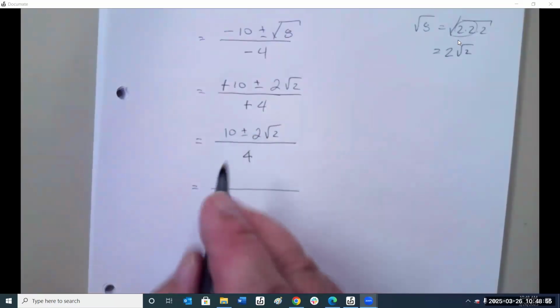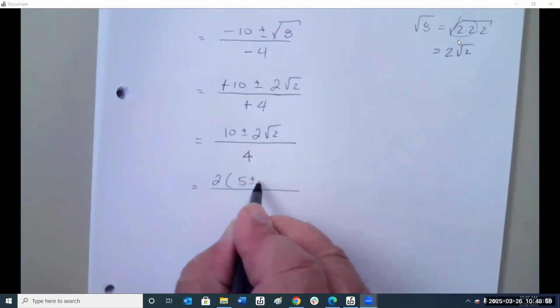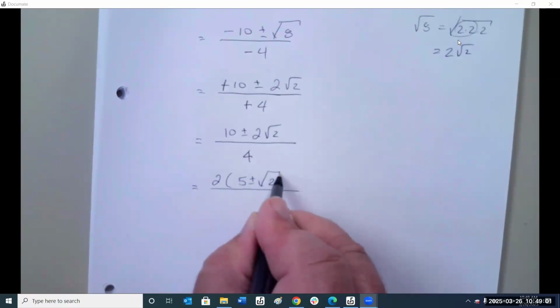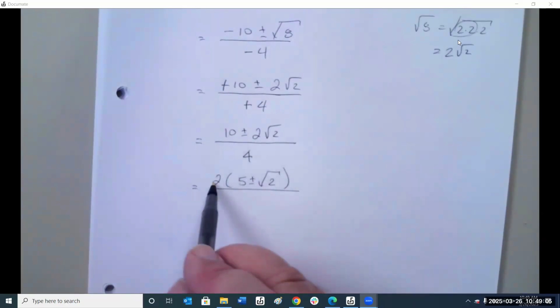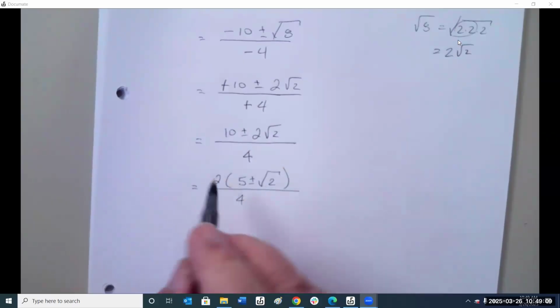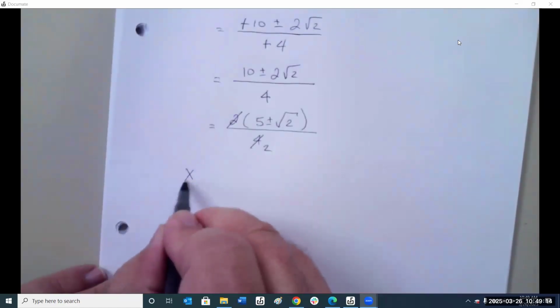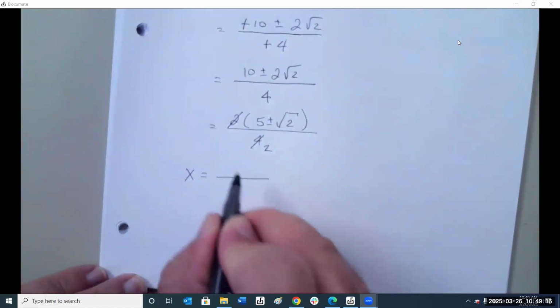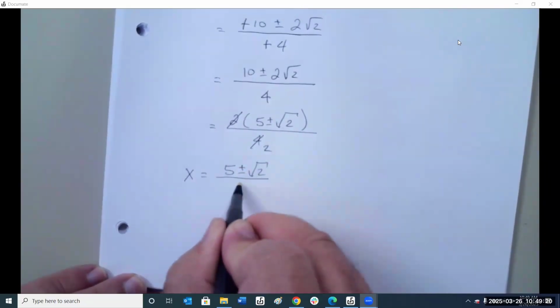On the top, I can factor out a 2. Take 2 out of that one, it gives me 5. Take 2 out of there, it's radical 2. Cancel with the 4. So my x-intercepts are at 5 plus or minus square root of 2, over 2.